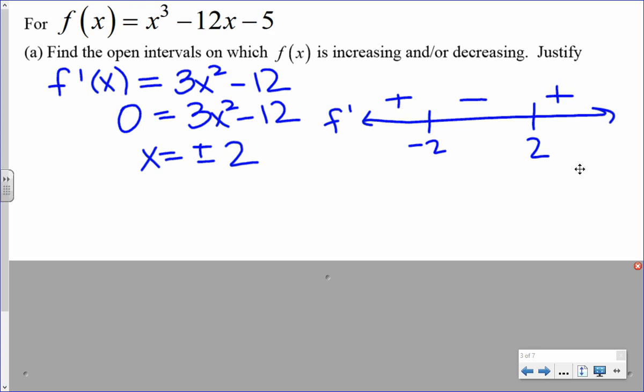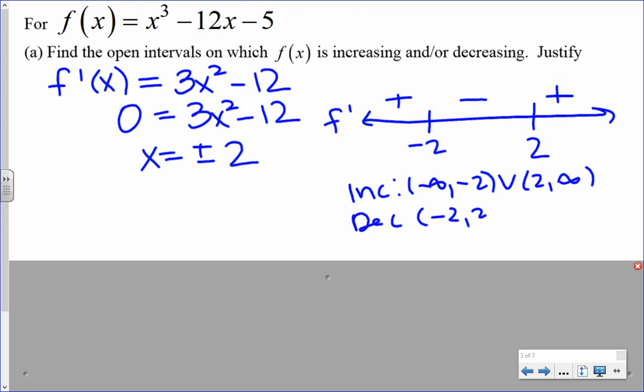Okay? That's where you stopped yesterday. Well, technically you wrote, we're increasing from negative infinity to negative 2 and 2 to infinity, and we are decreasing from negative 2 to 2. That's where you stopped. Okay?